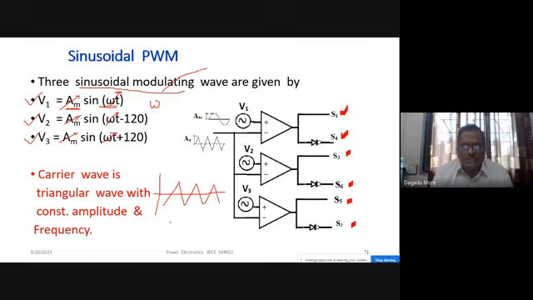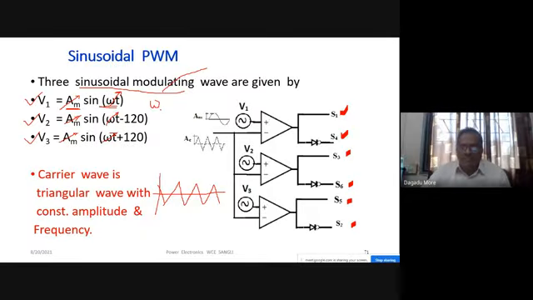We are not changing the frequency of this carrier wave, and its amplitude also remains fixed. Whereas for the modulating wave, it is possible to control the amplitude as well as the frequency. This triangular wave we call the carrier wave.